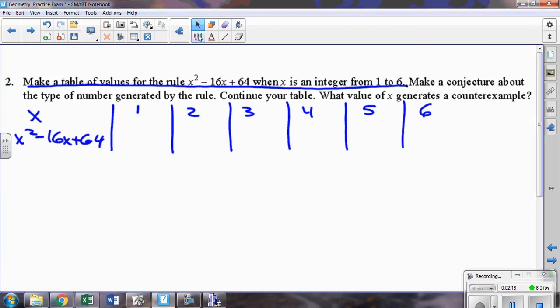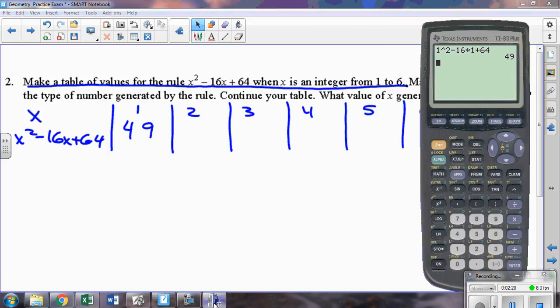Doing the exact same thing, we could go with 2 and say 2 squared minus 16 times 2 plus 64, and we'd get 36.